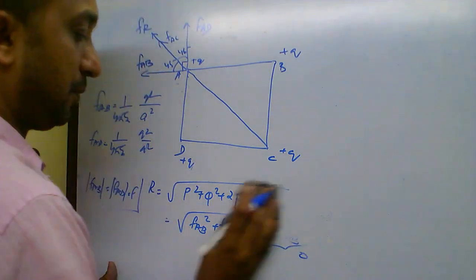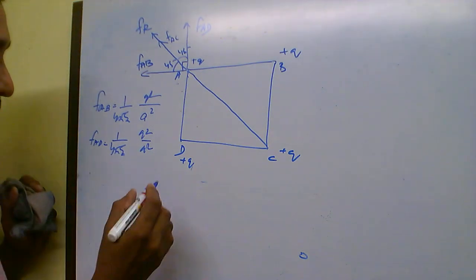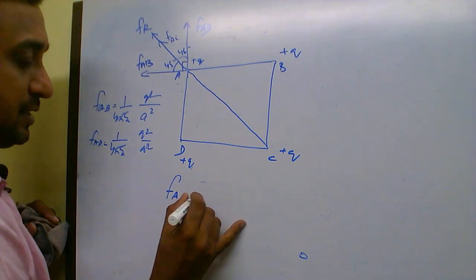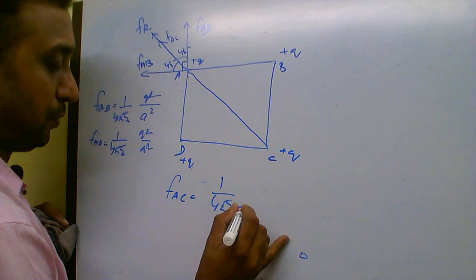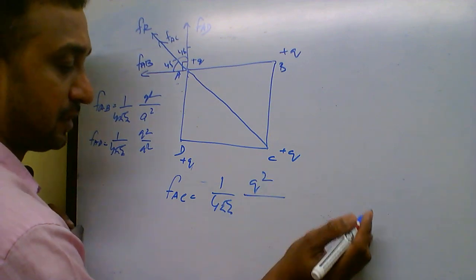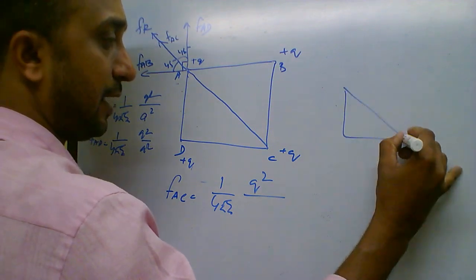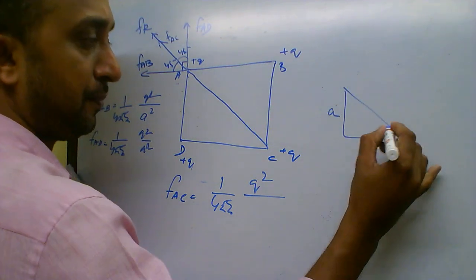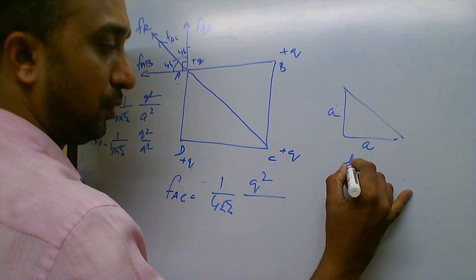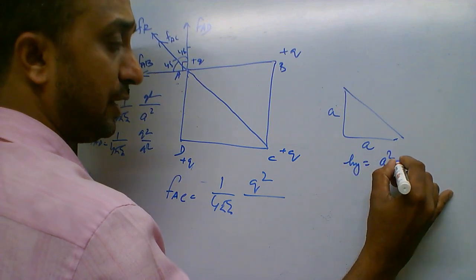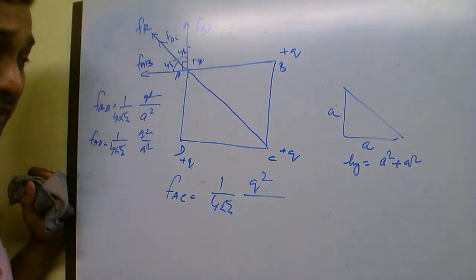Again using the same formula, force on A due to charge at C is 1 by 4 pi epsilon 0 Q squared by R squared. See, the distance between A and C: the side is A, this is also A, so this will be the hypotenuse, which is root of A squared plus A squared, base squared plus altitude squared.